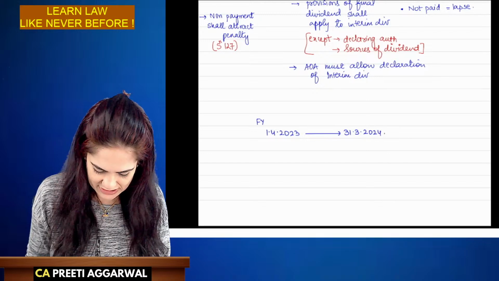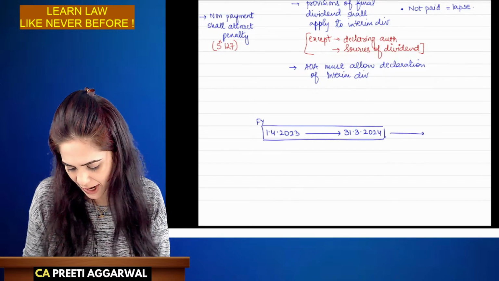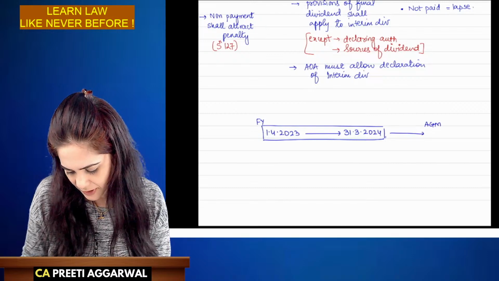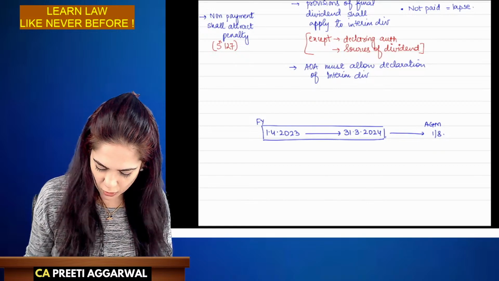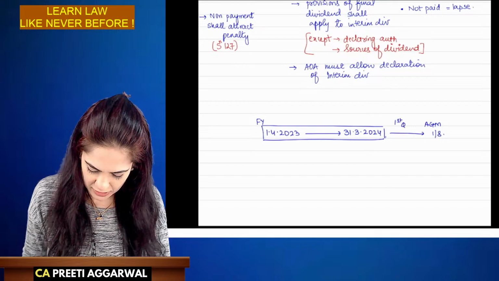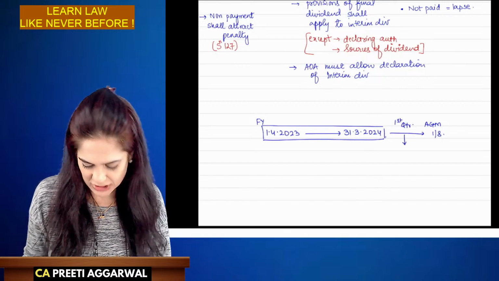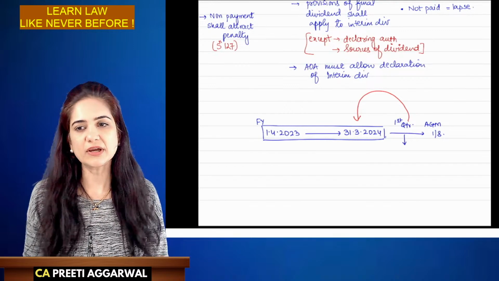Maybe my annual general meeting was on 1st of August. So during the first quarter, that is April, May, June, I declared dividend. This dividend will also be considered as dividend for the financial year 23-24.